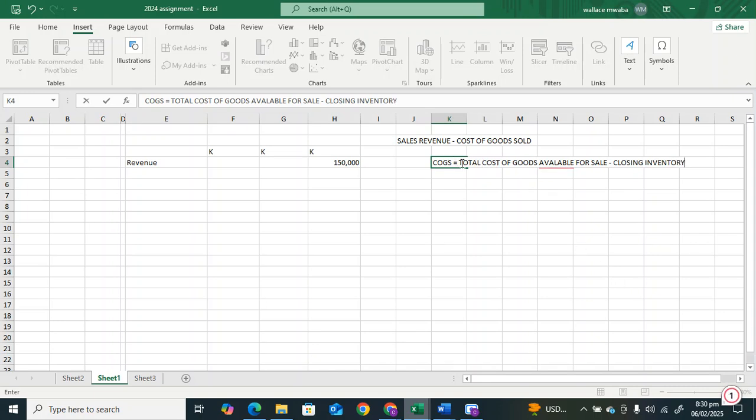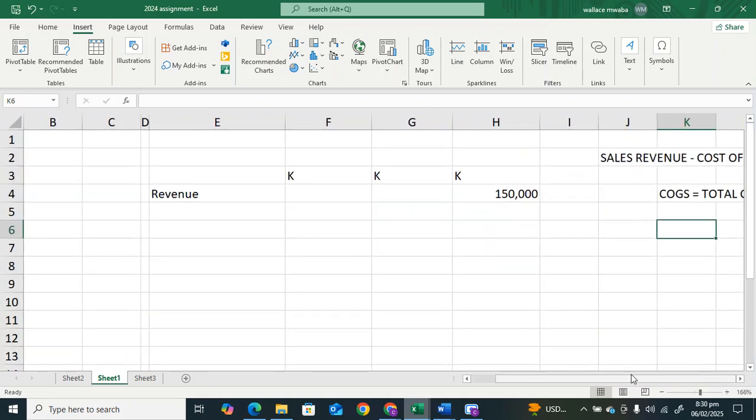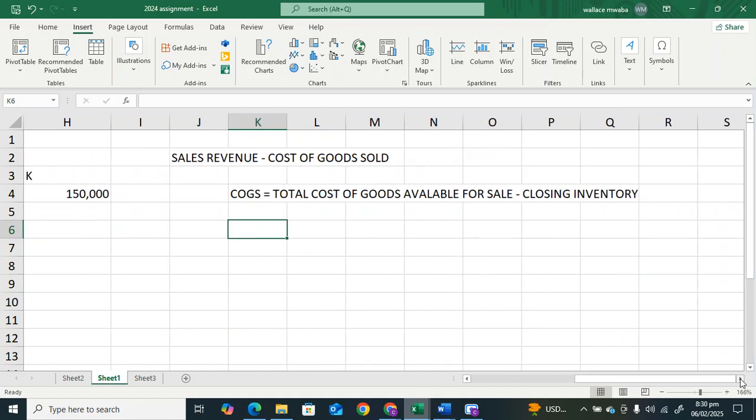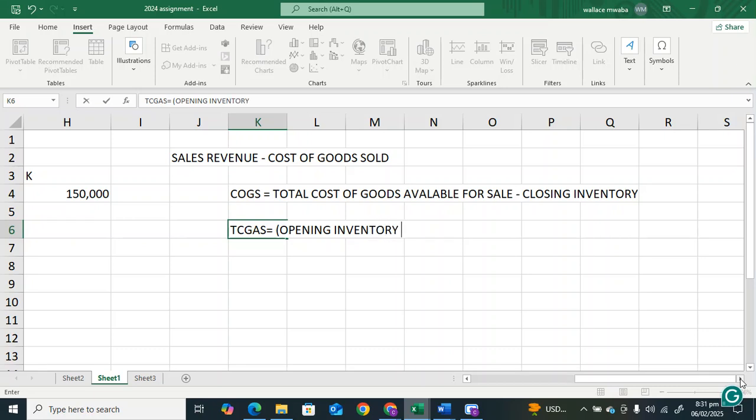So here we need to tabulate our total cost of goods sold. And to get your total cost of goods available for sale, TCGAS, it's your opening inventory plus purchases. Purchases is also going to have some adjustments.